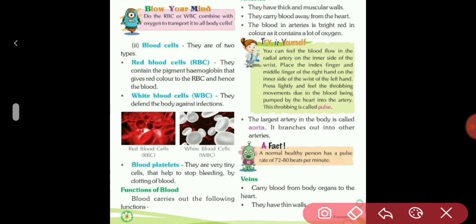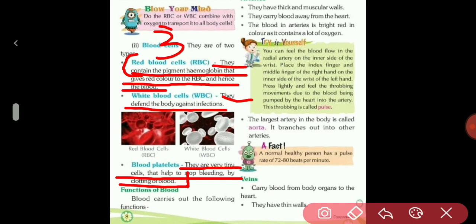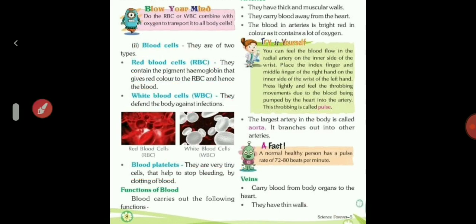The function of RBC, they contain the pigment hemoglobin that gives red color to the RBC and hence the blood. The function of WBC, they defend the body against infection. The function of platelets, they are very tiny cells that stop bleeding by clotting of blood. So the answer is here, third. You can write it from here.